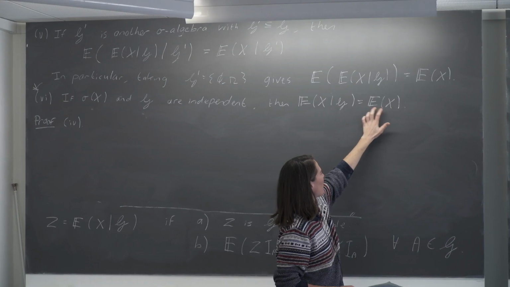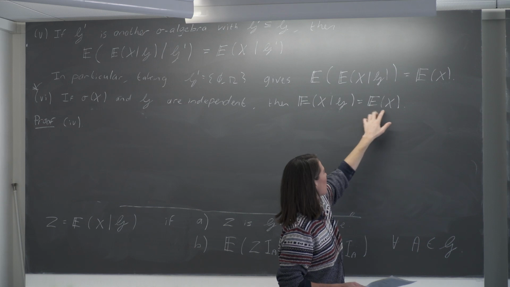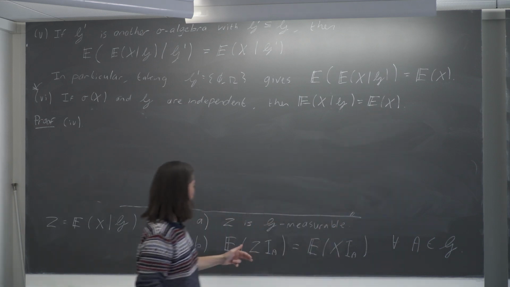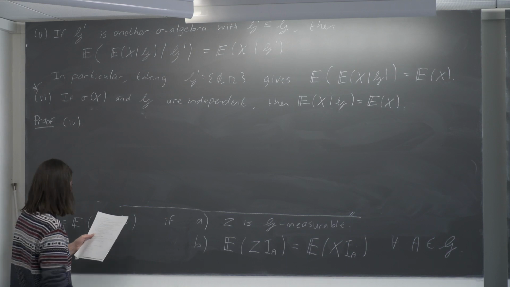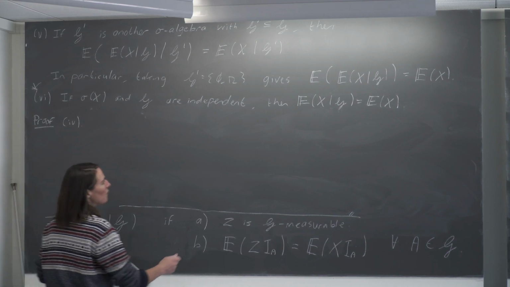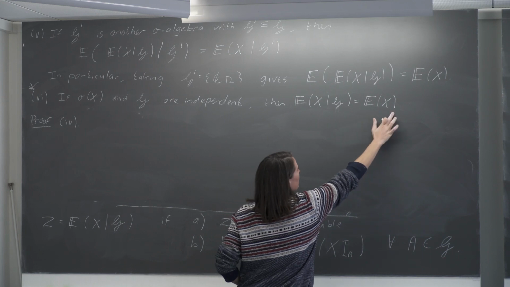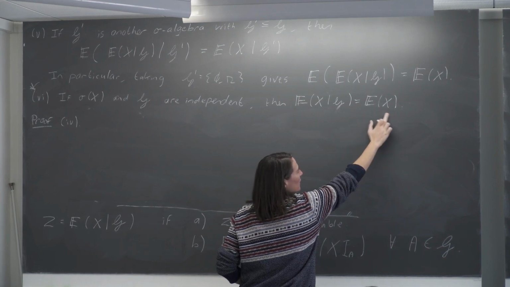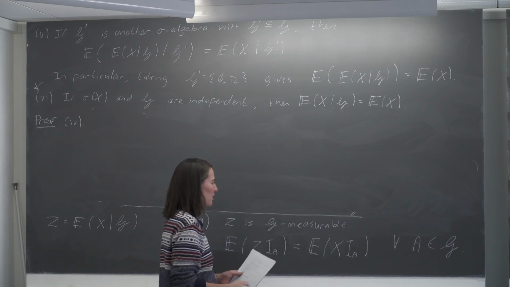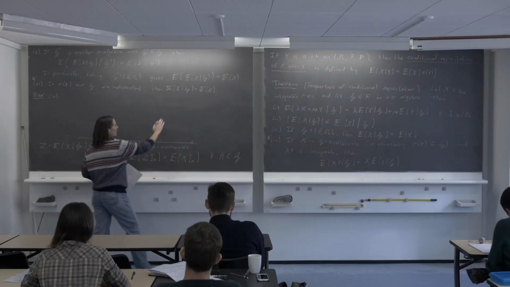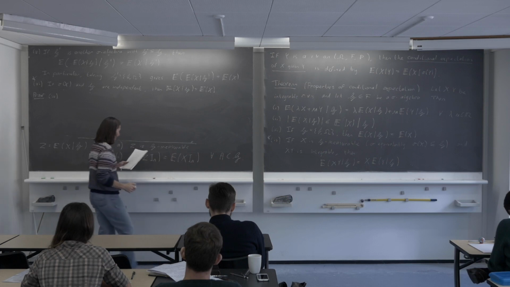So I just need to check that if I put z equals the expected value of x, then z will satisfy these two properties. First of all, this is just a constant, and so it's measurable with respect to any sigma algebra. In particular, it is G measurable for any sigma algebra.